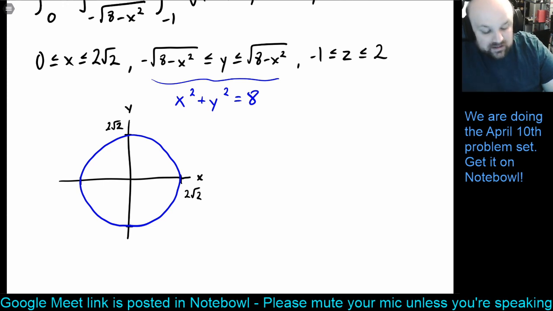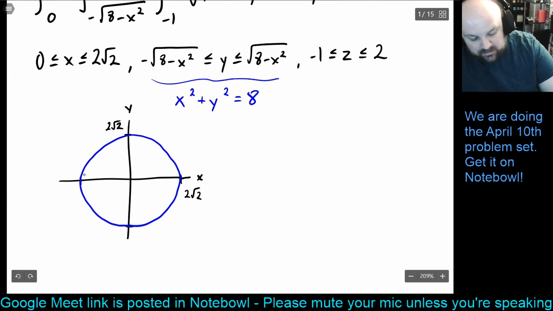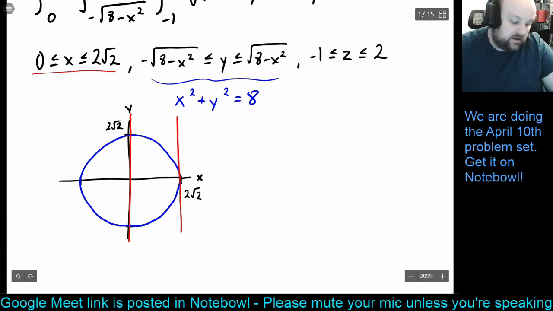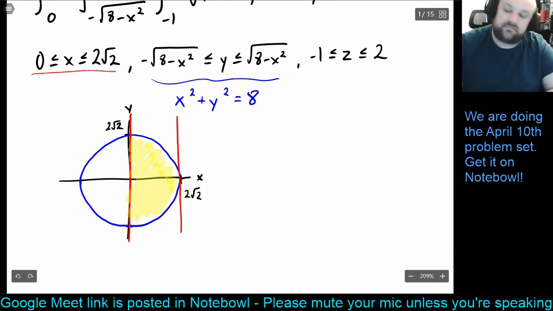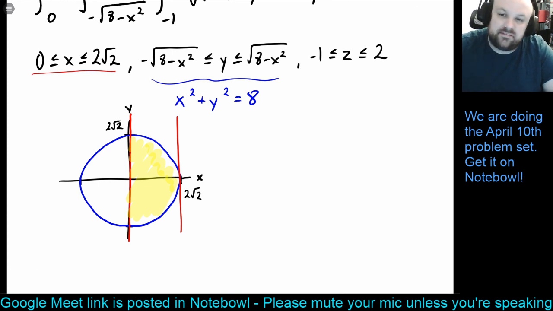So there's the y bounds. The top one is up here, the bottom one is down here. Now the x bounds say I'm between x equals 0 and x equals 2 root 2. So I'm only actually interested in this half of the circle here. So that's my shape.